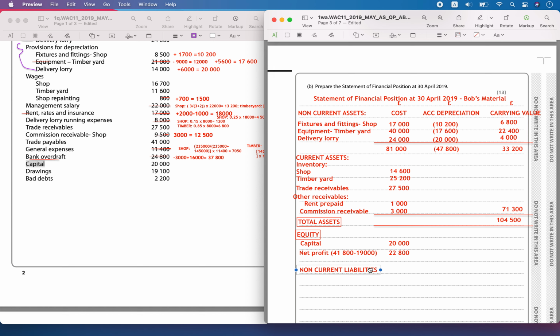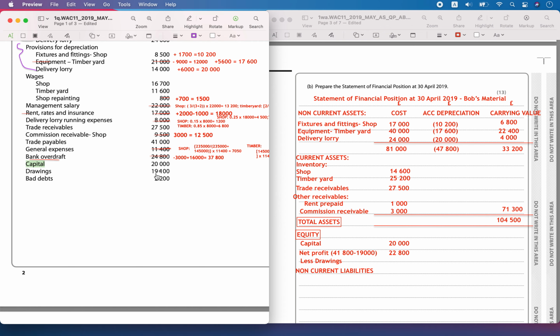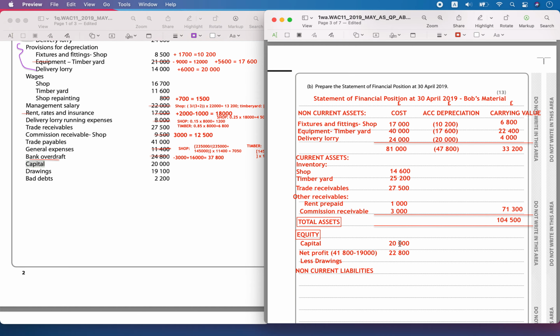Then you have less drawings. You have to do capital plus net profit, and then less drawings. The drawings is around 19,100.